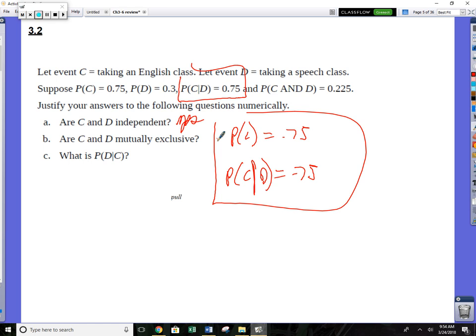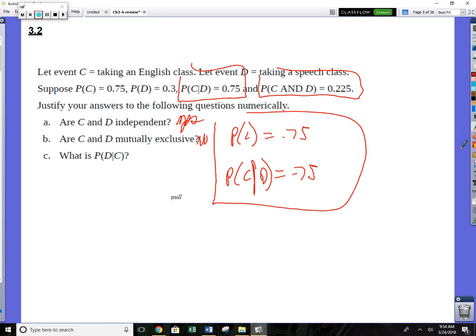Okay, are they mutually exclusive? No, because of this. There is an intersection. 23% of the kids are taking both at the same time, so there's no way they're mutually exclusive.